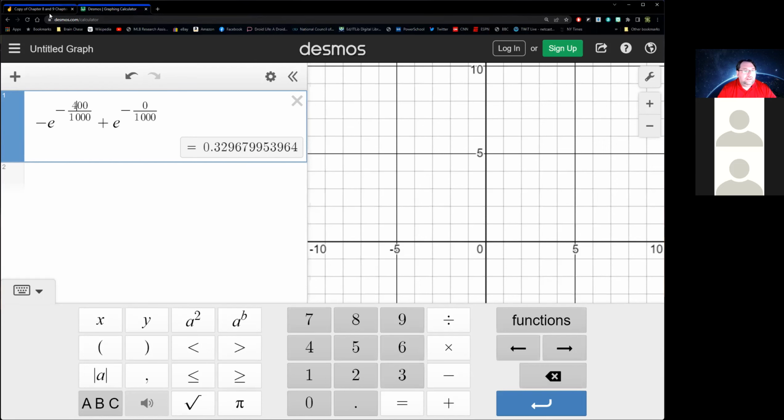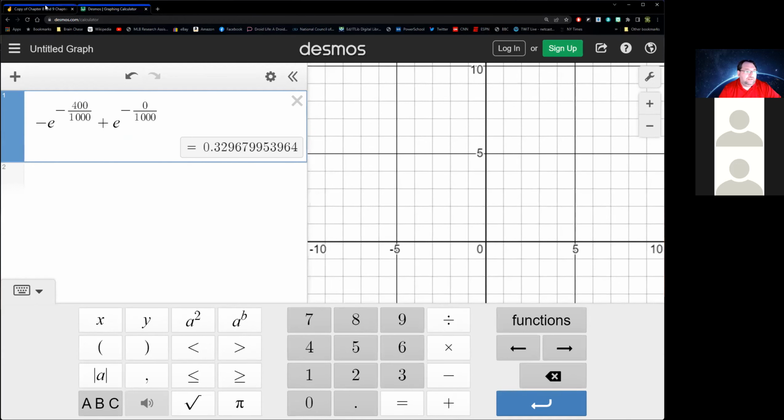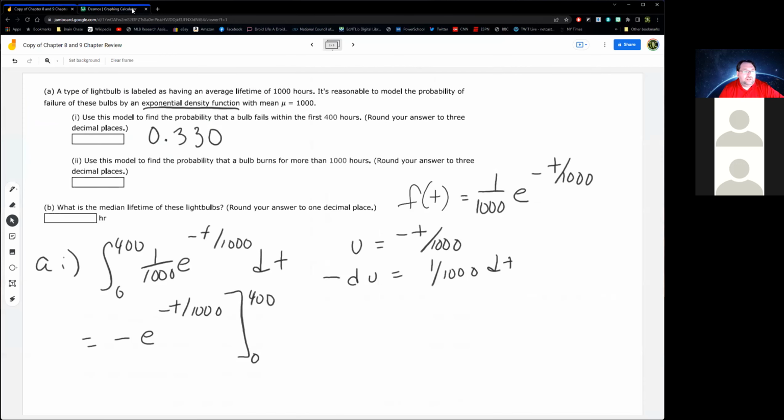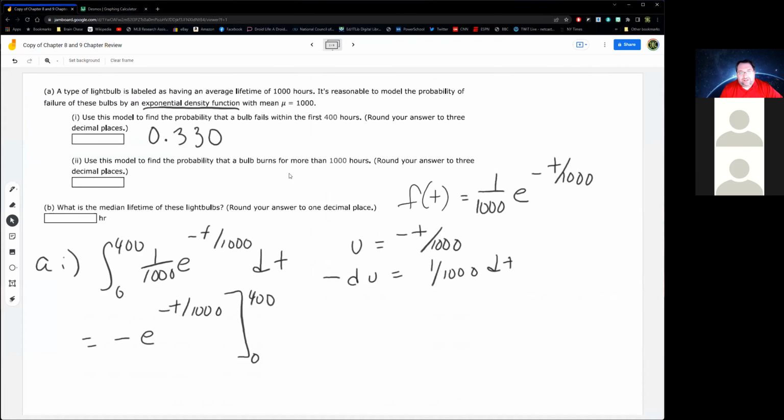So e to the 0 is just one, right? So you're just adding one there. The reason I put it in there is because the next one I'm gonna have to use it. So I figured having it there, I'm just gonna literally be able to retype a number in there.